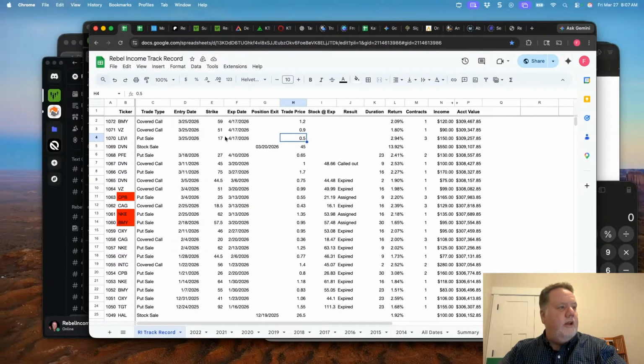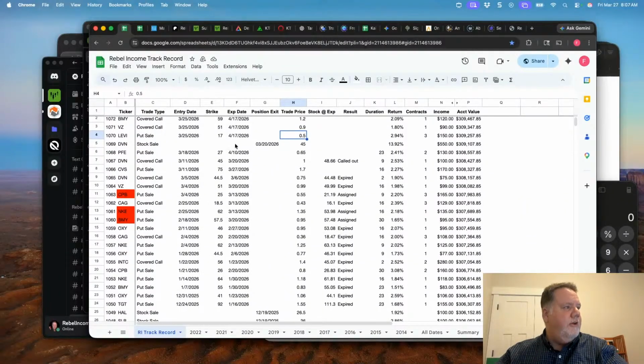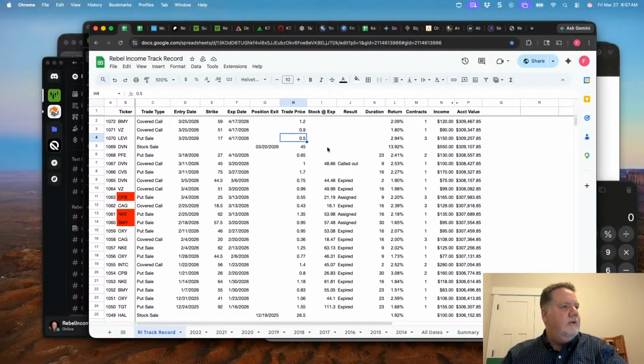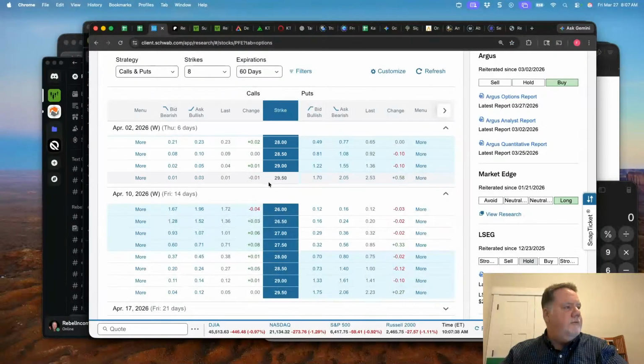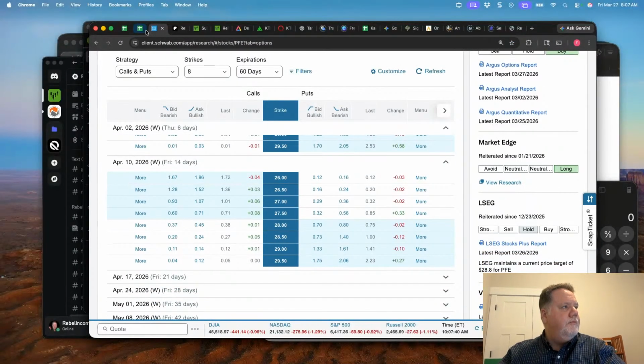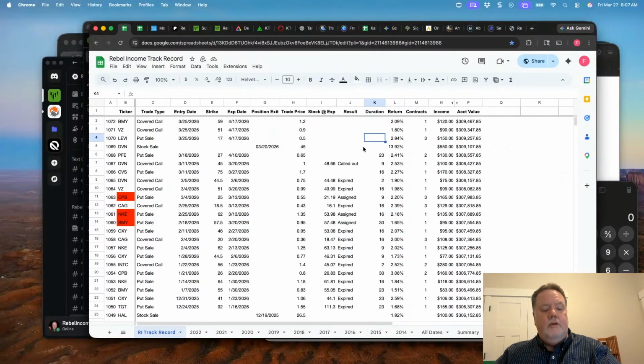I just realized that I did not put in the duration of the trade for any of these. Let's see. So these are all 3-week trades. Here we go. So 23 days to expiration on these ones.